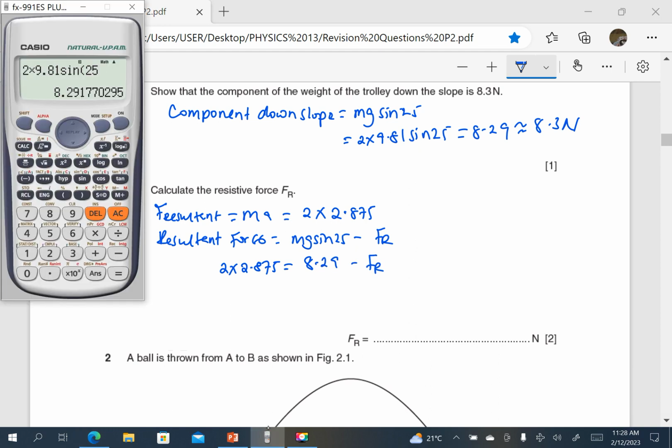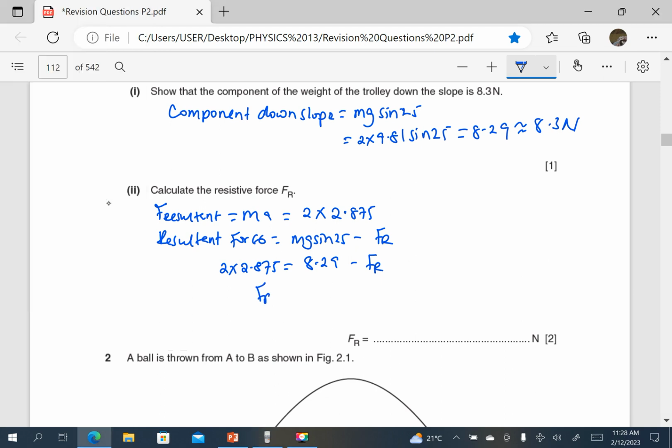So I make Fr the subject: 8.29 minus 2 times 2.875. That is 2.54. So Fr is 2.54, approximately 2.5.